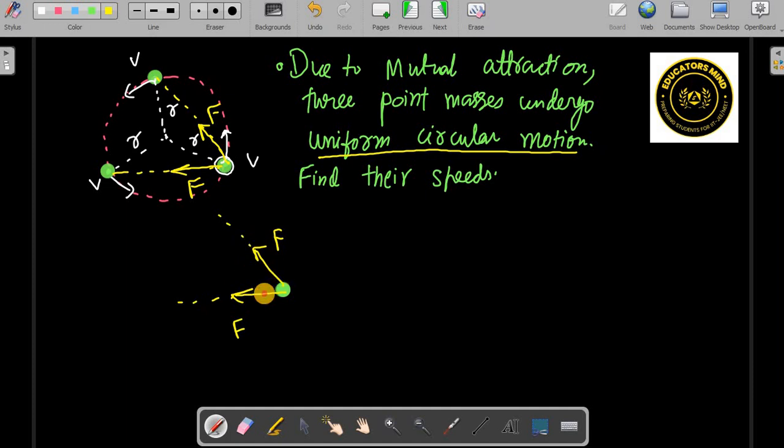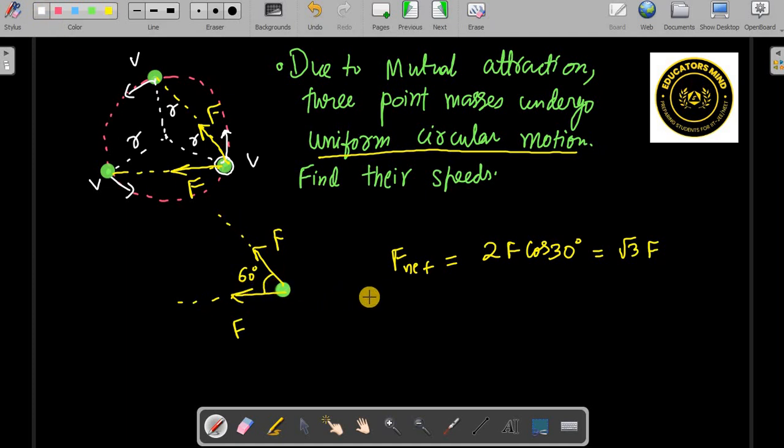The angle is of course 60 degrees. So the resultant or net force will be 2 times F cos 30 degrees. Root 3 by 2, the 2 will get cancelled, so root 3 times F. That is the net force.